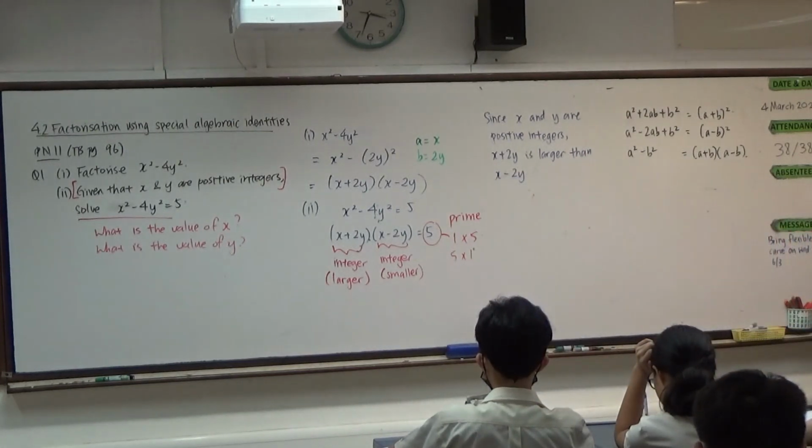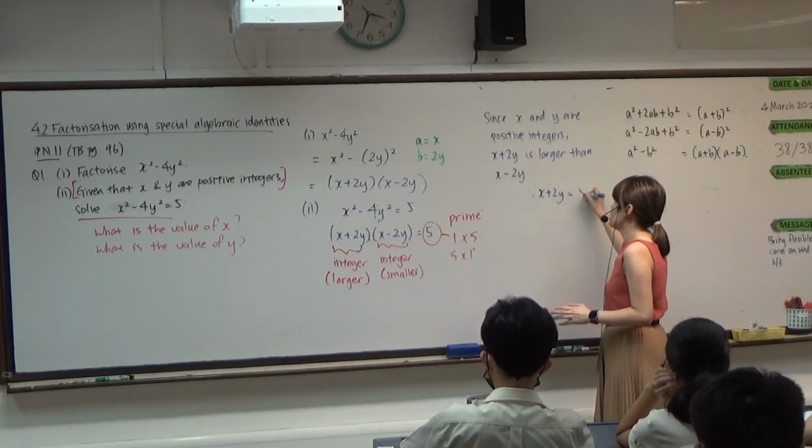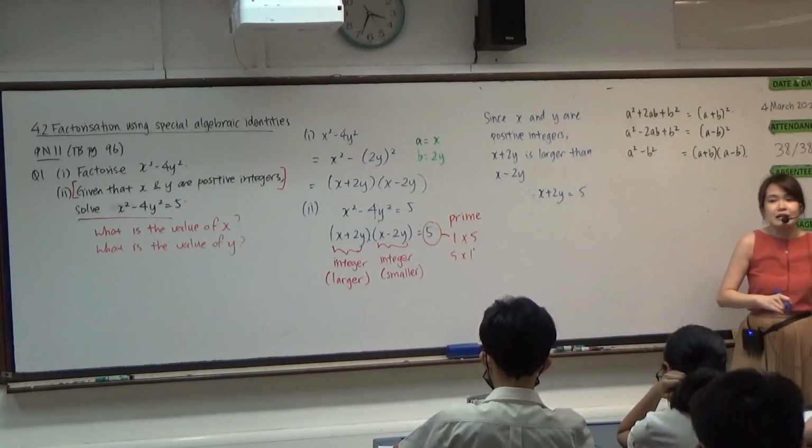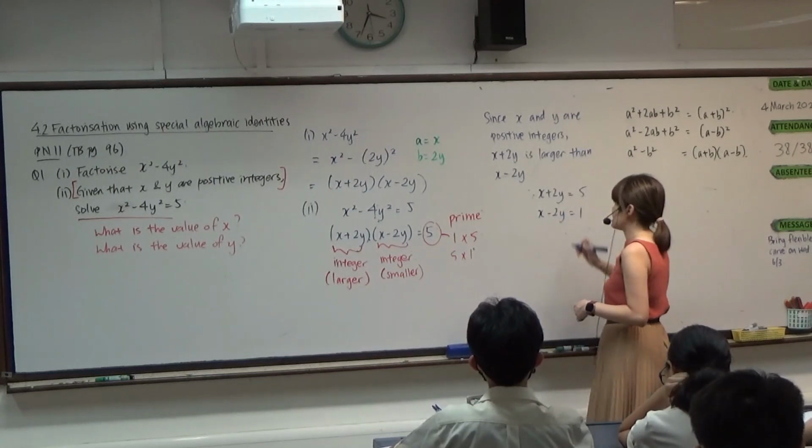Because we know this already, I can say that x plus 2y, being the larger number, must be 5, and x minus 2y must then be 1.